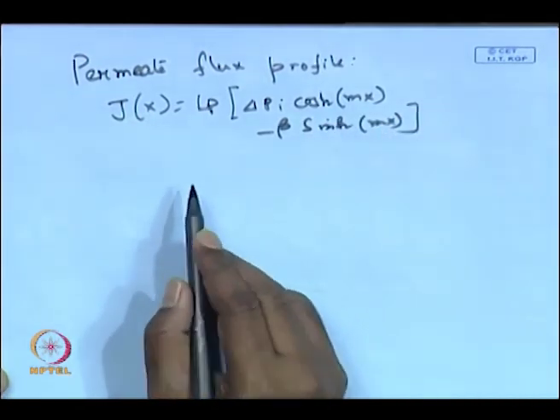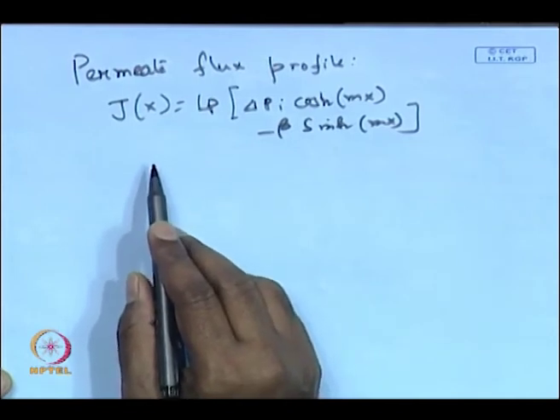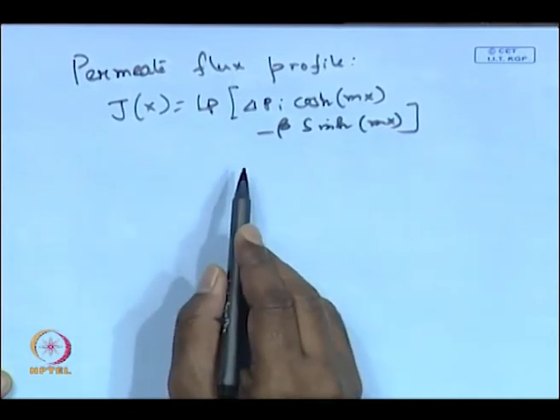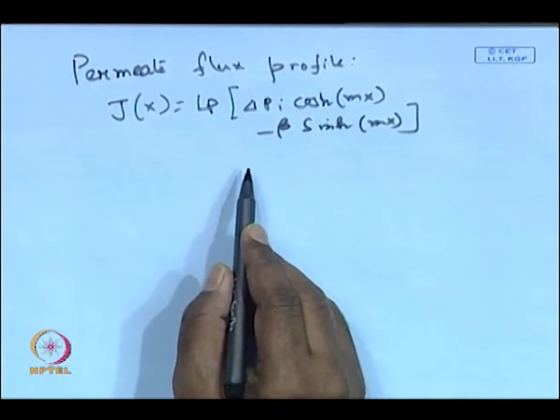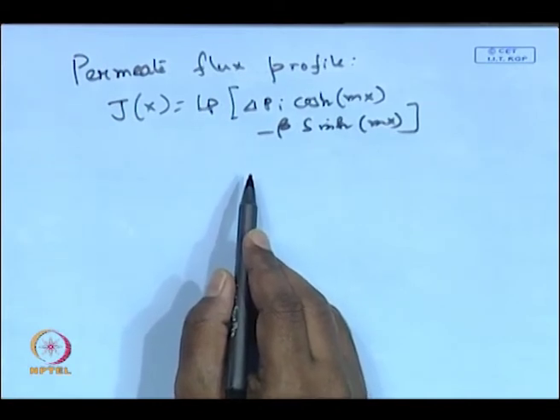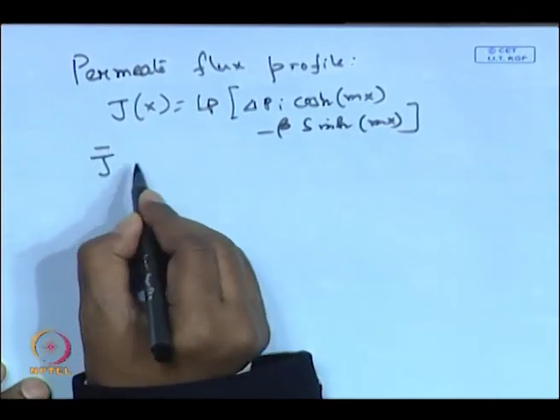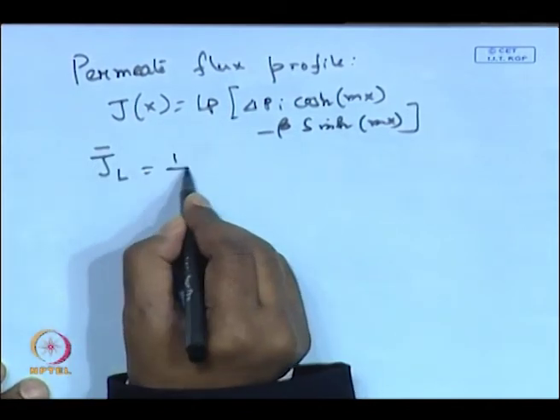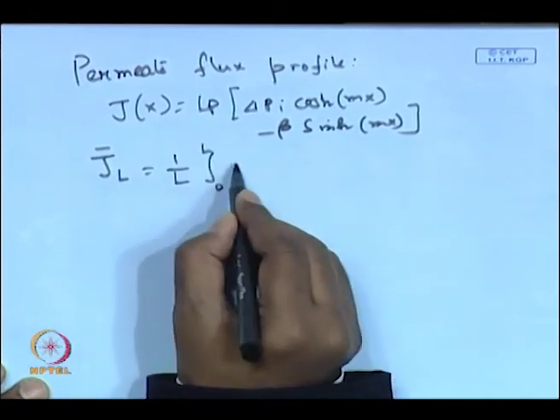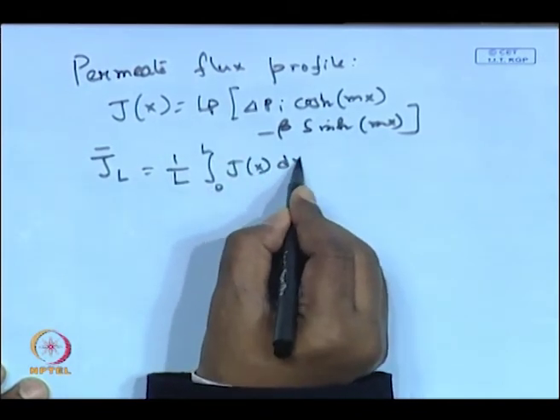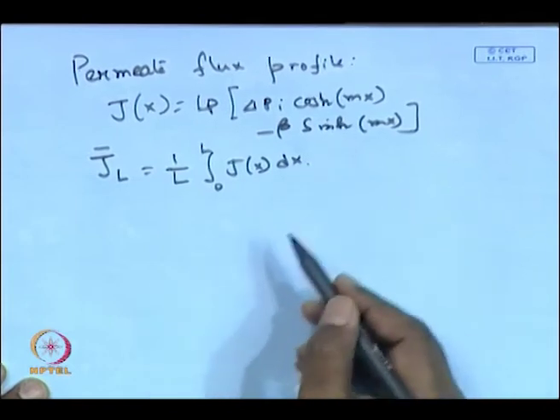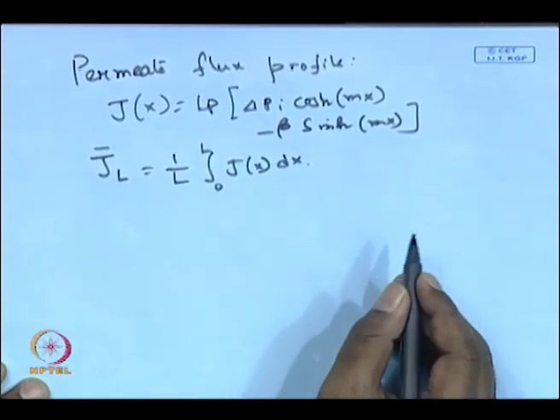One can go to the integration or length averaging over the full length and get the length averaged permeate flux, which is 1 over L, integral 0 to L, J dx. Just put the expression and integrate it out, you will be getting it.